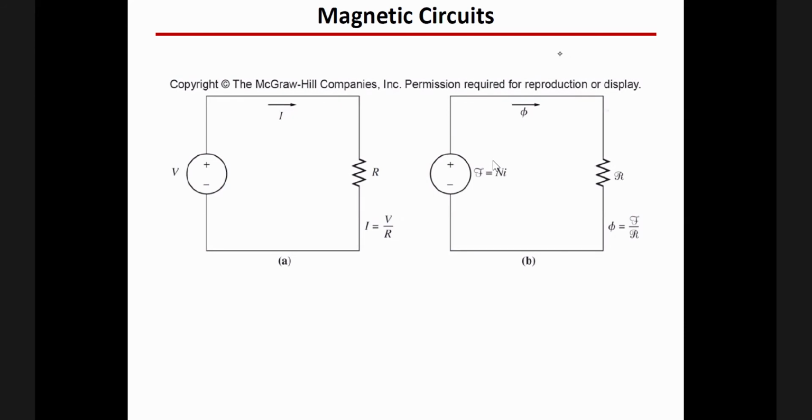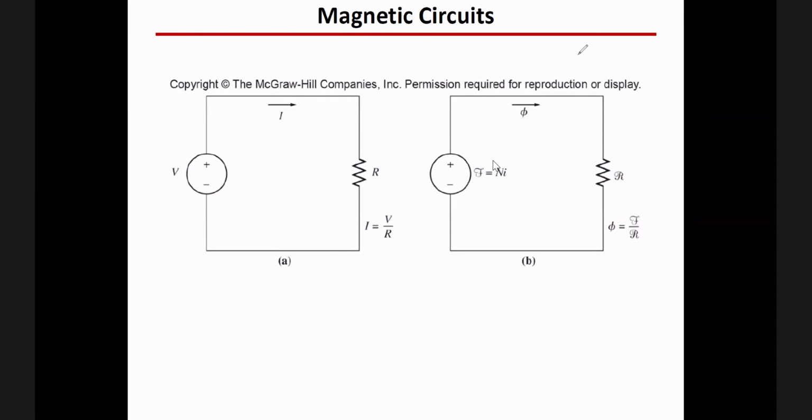So the one to the left is a typical electric circuit. This is what we know. This is what we discussed before. We have a voltage source, we have resistance, and we have current, and we can apply Ohm's law, not only Ohm's law, voltage divider, current divider, KCL, KVL. We know this.